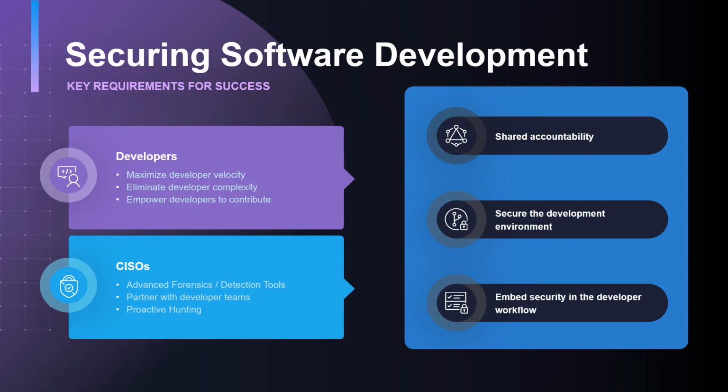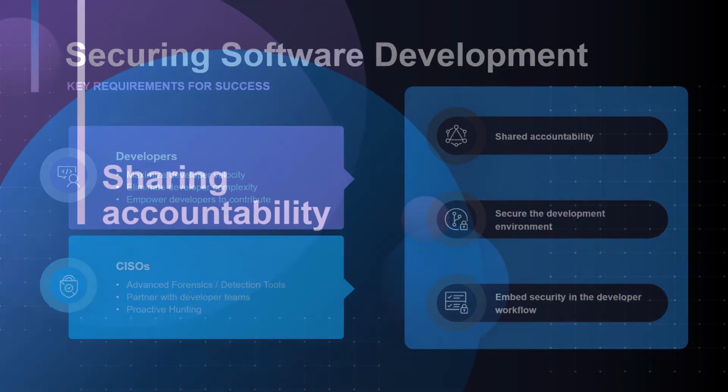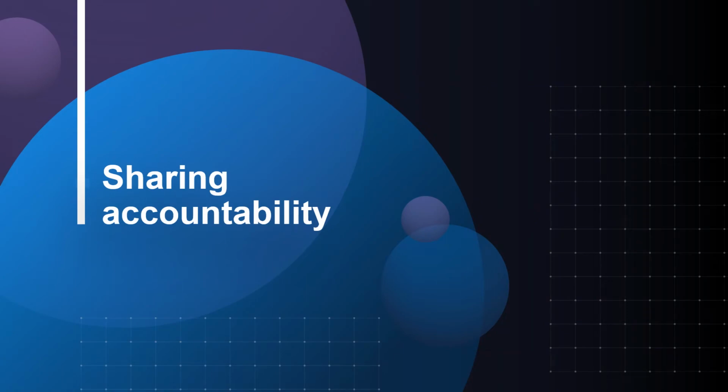We also find it from securing the development environment to limit developer machines, infrastructure, and code bases as attack vectors. And lastly, it's about seamlessly integrating security in the developer workflow to involve developers in security processes in a non-intrusive way. First, let's talk about shared accountability.